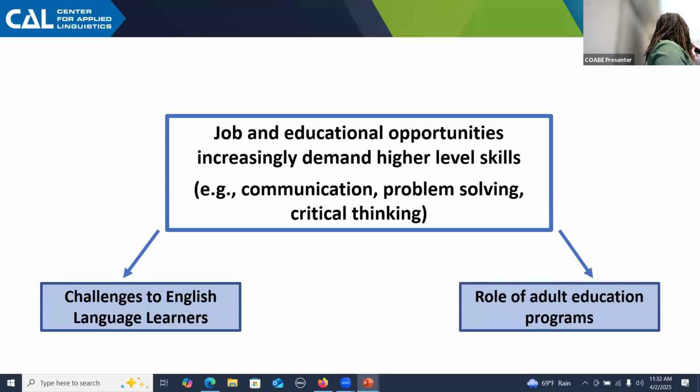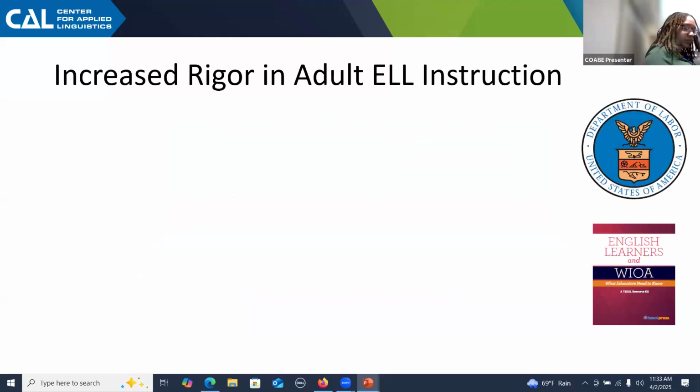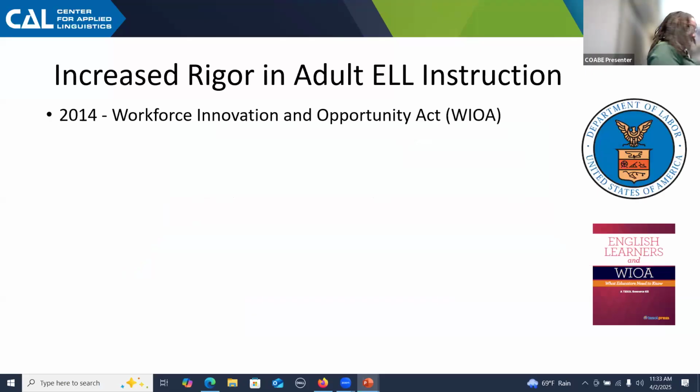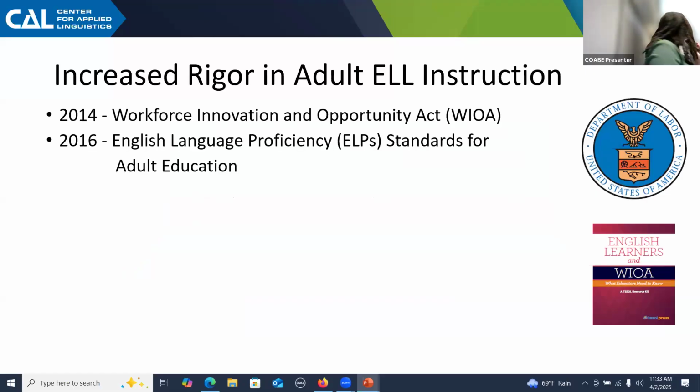And this increased rigor has been presented in the evolution of policies made over the past decade. So let's take a quick look at how this has developed. Since 2014, key policies have shaped ELL instruction. The Workforce Innovation and Opportunity Act, or WIOA, emphasized career and academic readiness.